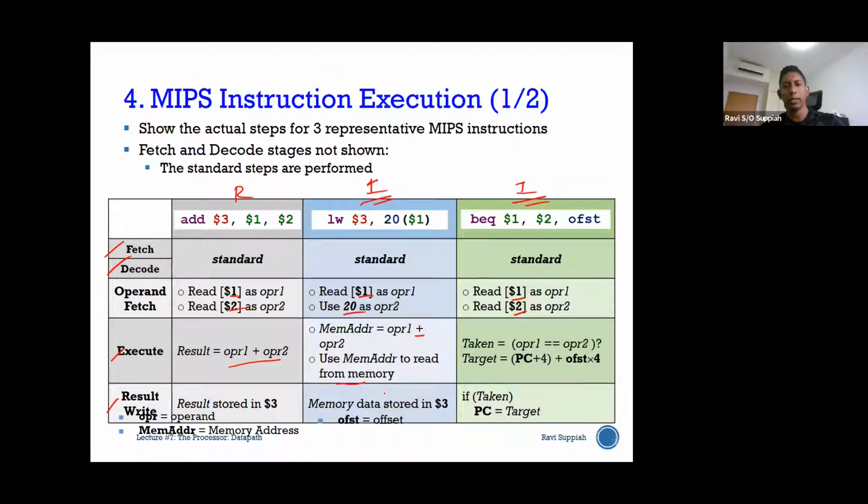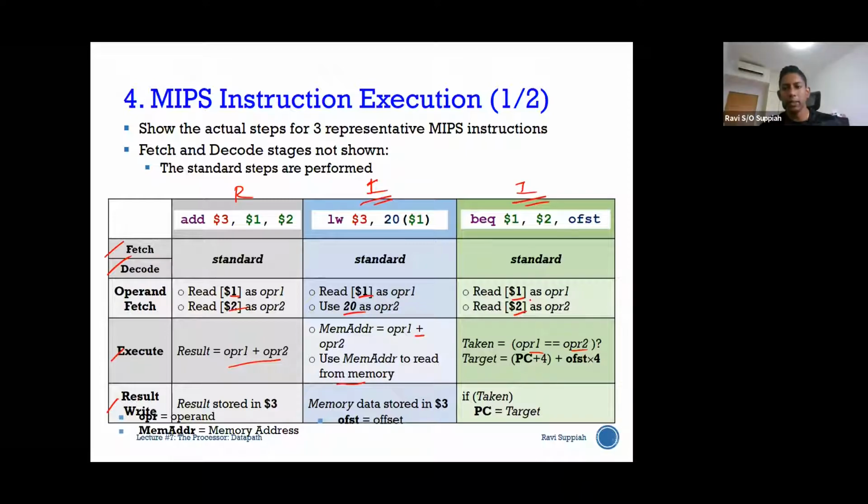Then the data that is in the memory is the one that is eventually returned back to the register. And in the last instruction over here, I am just doing a comparison between two sets of data, and based on that result, I will decide whether to take the branch or not.